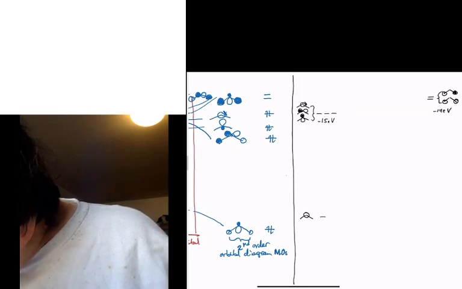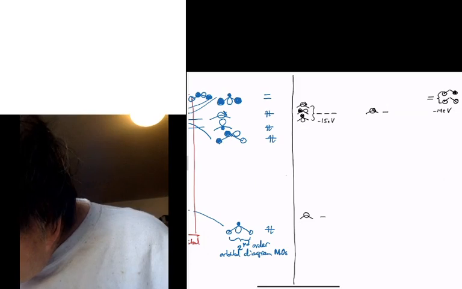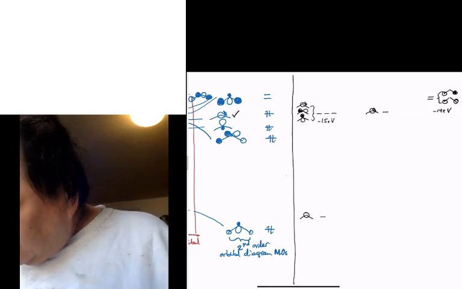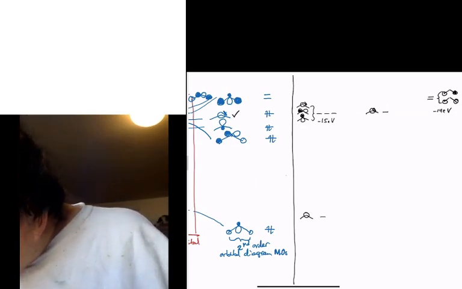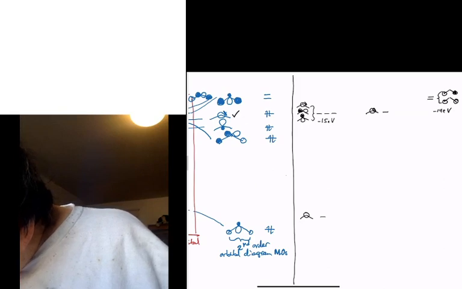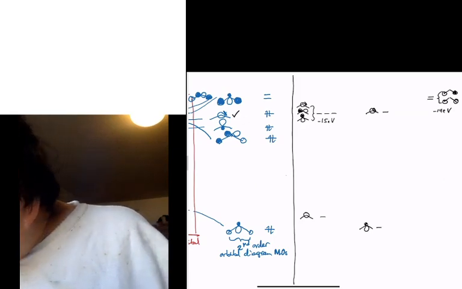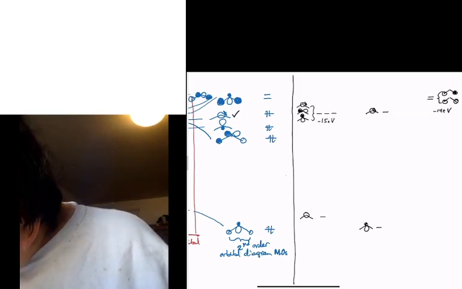So this orbital is unchanged in energy. That's this one here. This one has gone down in energy, and similarly, this one has gone up in energy.